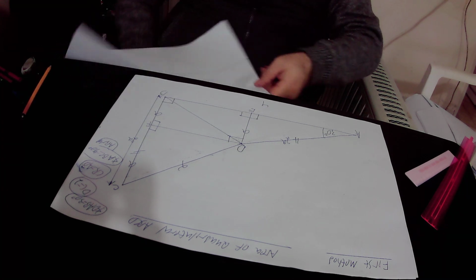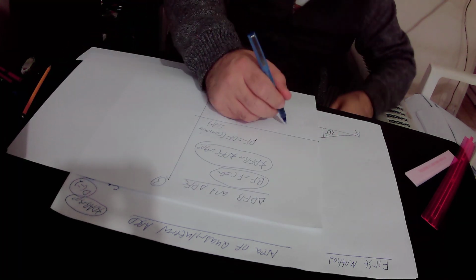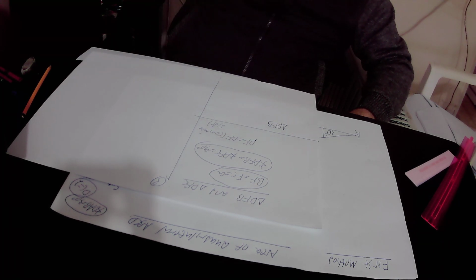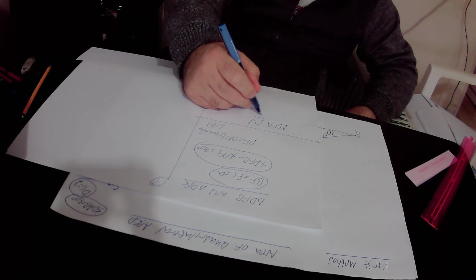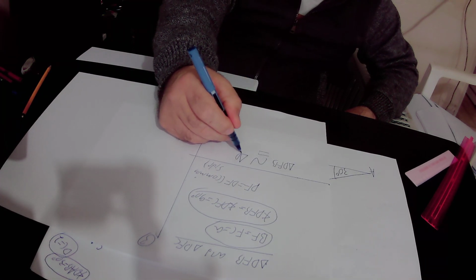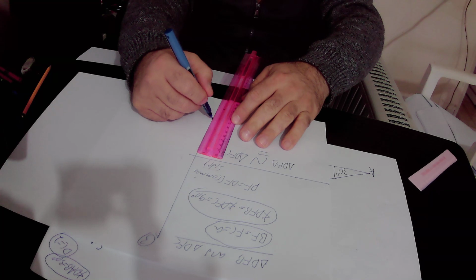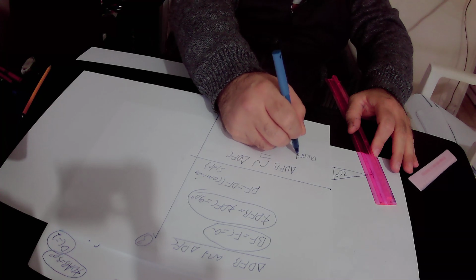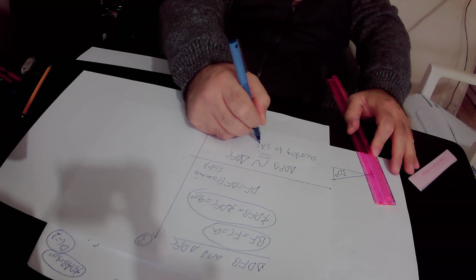So we actually proved that this triangle DFB is congruent, this is the sign of congruent, to triangle DFC, according to the side angle side rule.